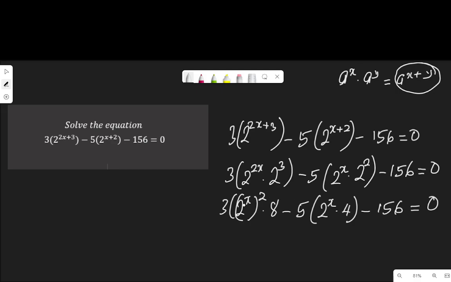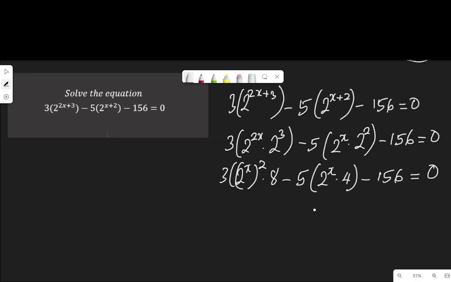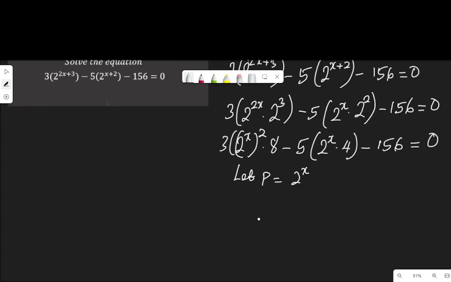Since I have 2^x here, and I also have it here, I can replace it. Let me use letter p. Let p be 2^x. That means anywhere I see 2^x in my equation, I'm going to replace it with p.